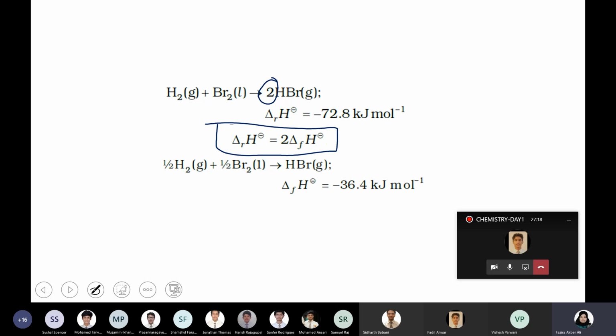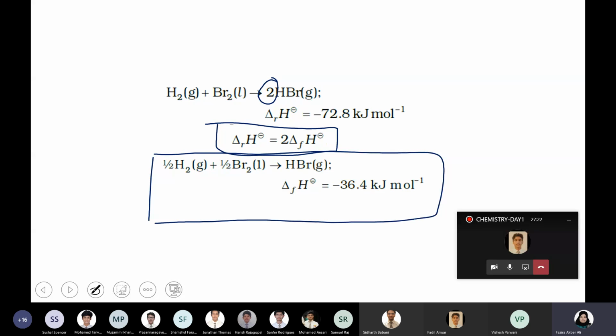So that is the enthalpy of reaction, and this is the actual equation for the enthalpy of formation. In some cases you can relate that enthalpy of reactions are related to enthalpy of formation in multiples, simple numeric whole number multiples of it.